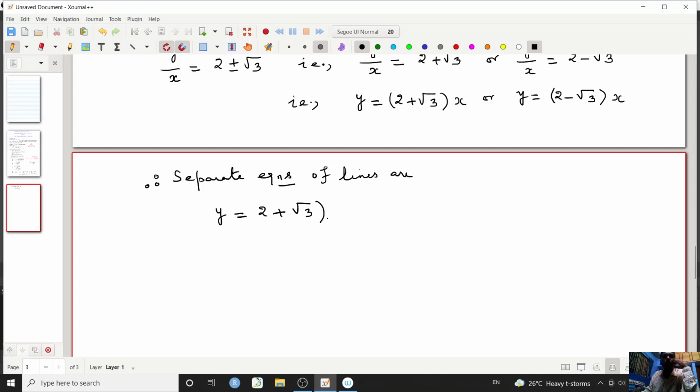One is y = (2 + √3)x, and the other equation is y = (2 − √3)x.